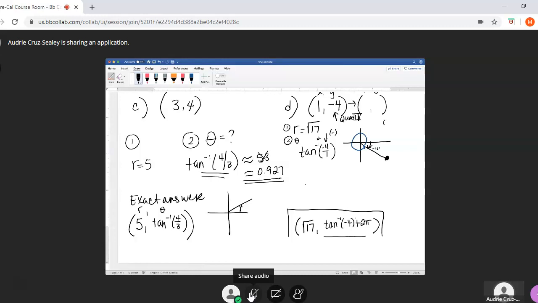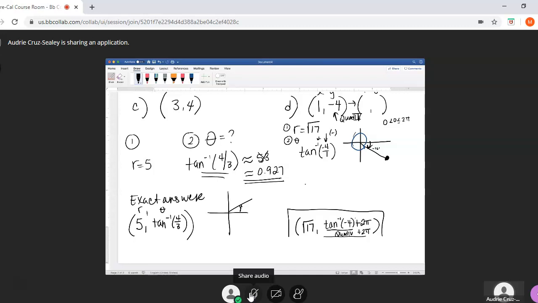But your instructions said that you have to be between 0 and 2 pi, so you can't have a negative angle. So even though I am where I'm supposed to be, I went the wrong way to get there. So I'm going to start where I'm supposed to be and do a full circle. I would end up back this way using a positive angle, which is why I took where I was in quadrant 4, but I had to add 2 pi in order to get back there the right way.